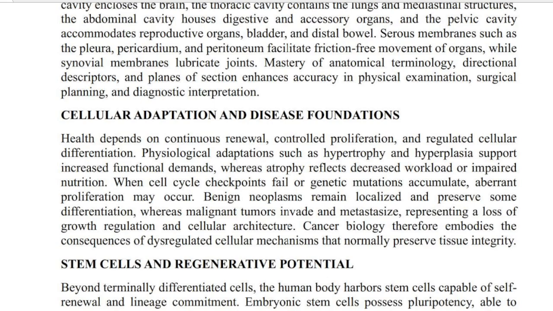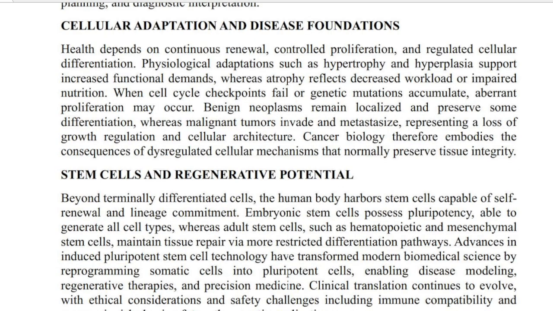Cellular adaptation and disease foundations. Health depends on continuous renewal, controlled proliferation, and regulated cellular differentiation. Physiological adaptations such as hypertrophy and hyperplasia support increased functional demands, whereas atrophy reflects decreased workload or impaired nutrition.